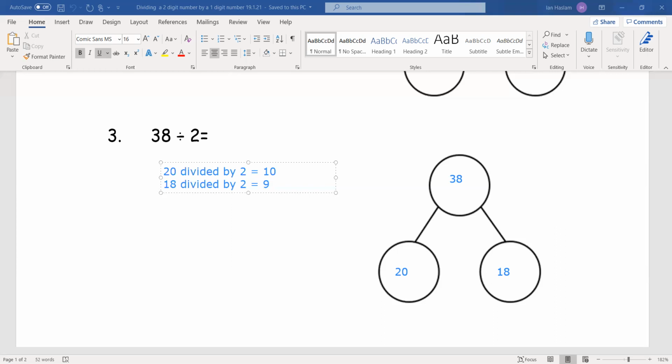It's 1 less than 20, 1 lot of 2 less than 20. So I know that it's 1 less than 10. So it's 9. Let's just check. 2, 4, 6, 8, 10, 12, 14, 16, 18, 9 fingers. The next stage, as always, is to add those 2 answers together. Perfect. 38 divided by 2 is 19.